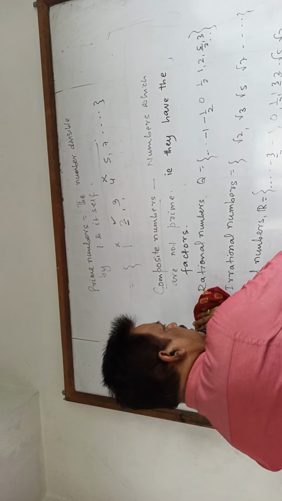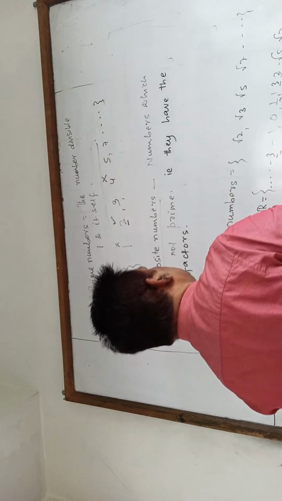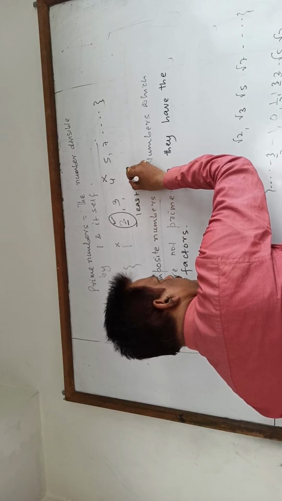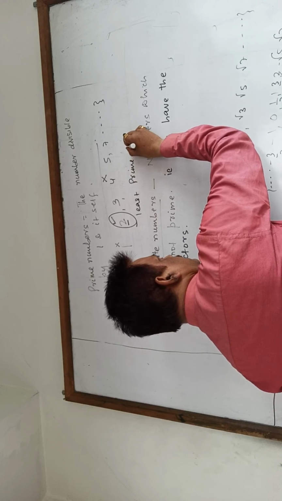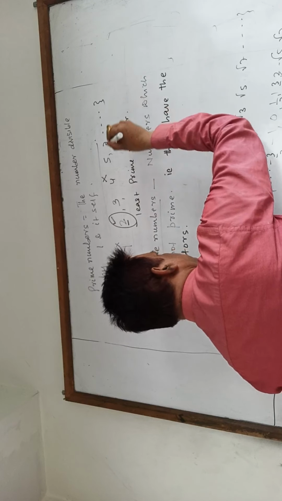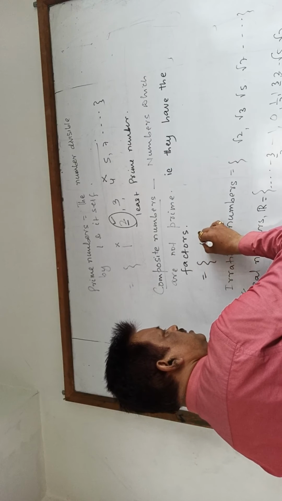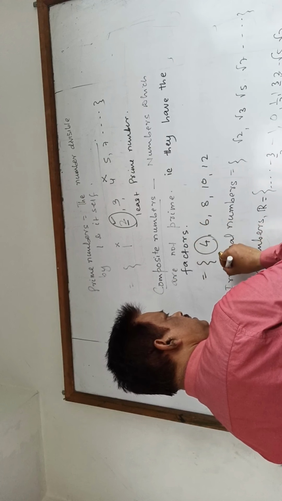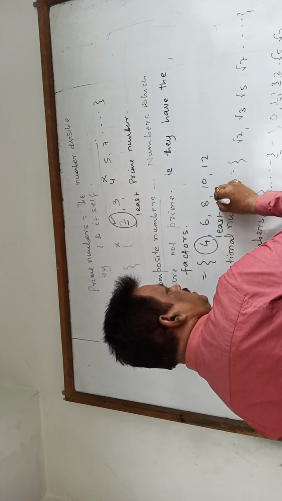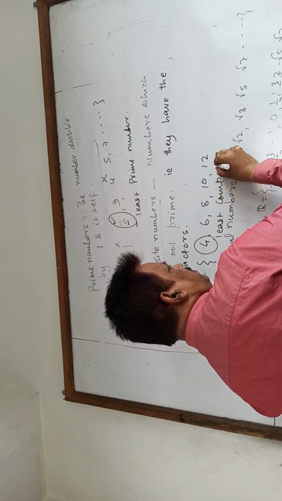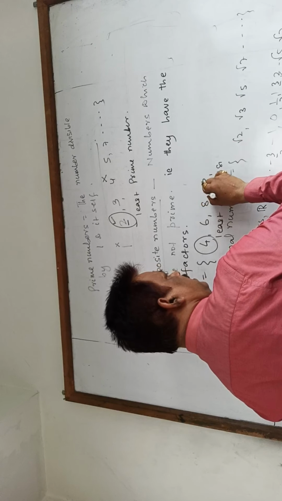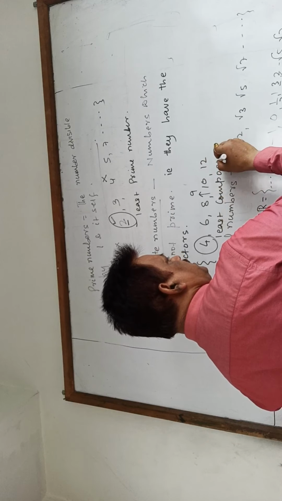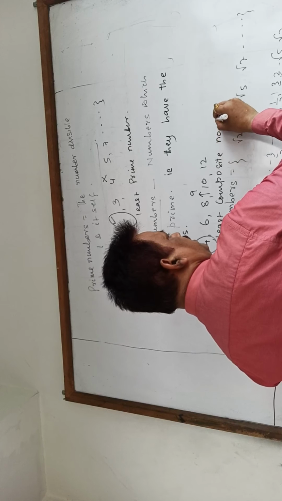The least composite number is, remember, this is your least prime number, the least composite number is 4, then 6, 8, 9, 10, 12. The least composite number is 4.